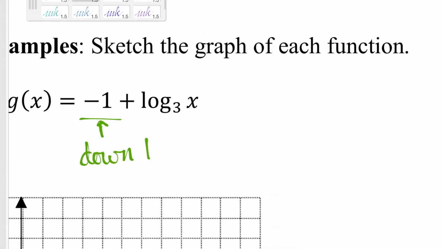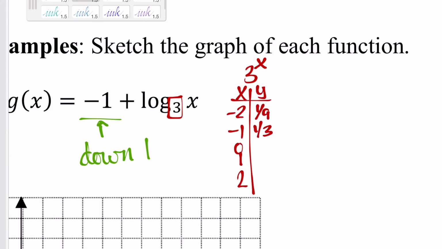So in order to do that, I need to figure out what my t-chart is going to look like. Because this is a base of 3, I'm going to first find the t-chart for my 3 to the x power. And then I'm going to switch my x and y values in order to get just my log base 3 of x, since those are inverses of each other.